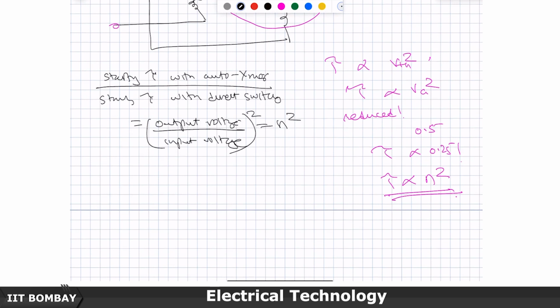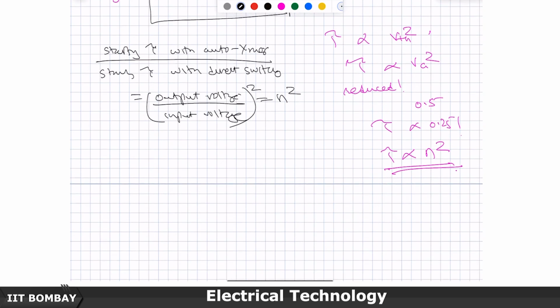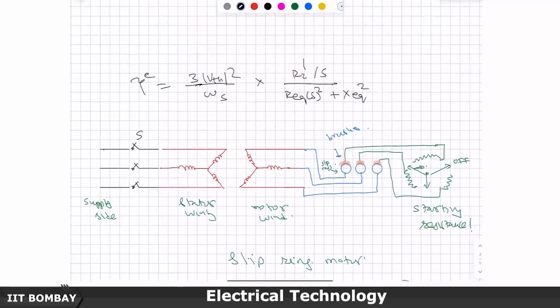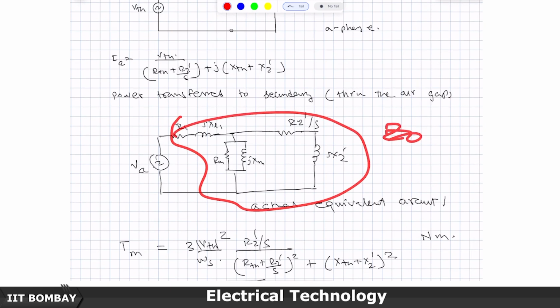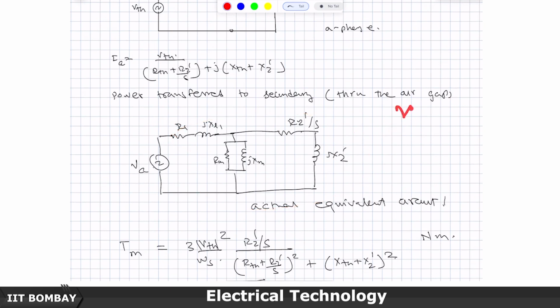So, suppose I directly start, and at the time of starting I put S equal to 1. All of this equivalent circuit here is written as Z naught. Then what is the initial current, that is the starting current?